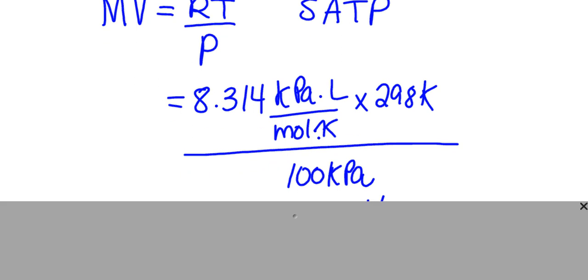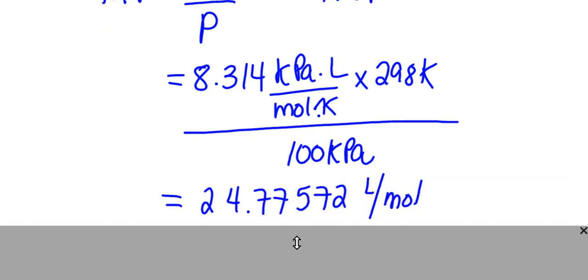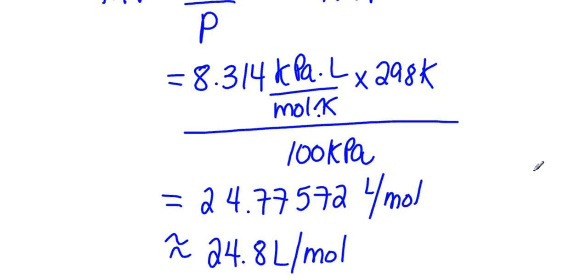When we look at the answer, this is unrounded. It's 24.77 and a few extra digits, liters per mole. And if we round it to 1 decimal place, which is common for reporting, you get 24.8 liters per mole at SATP.